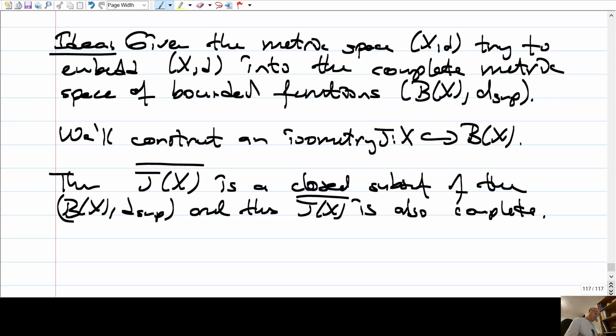And so this will be my completion, and clearly it contains a copy of X as a dense subset because it is defined to be the closure of X, basically. And this will finish the proof, basically. All right, let me stop here.